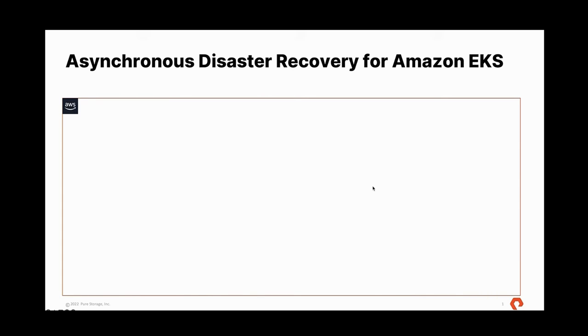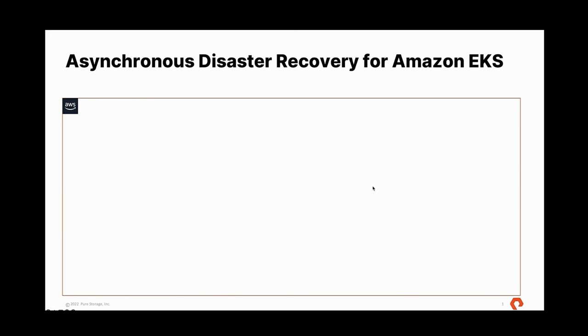What you're seeing on the screen is something that we've done for Amazon EKS clusters, but again, similar to PX Backup and Backup as a Service, Portworx Enterprise allows you to protect your data with disaster recovery on any cluster, any cloud, anywhere. So let's take a quick look at this.